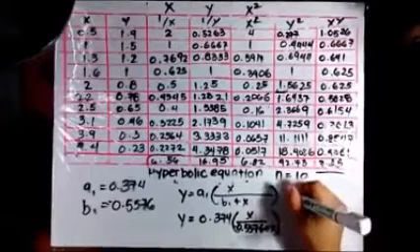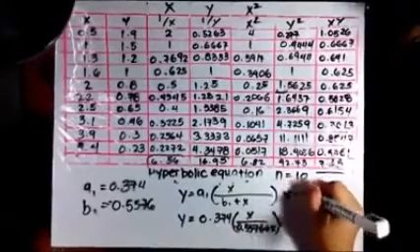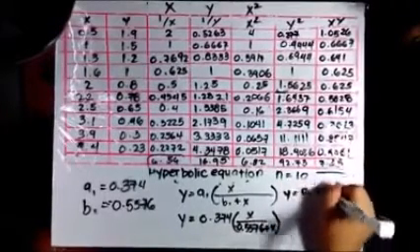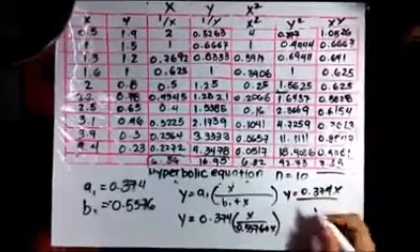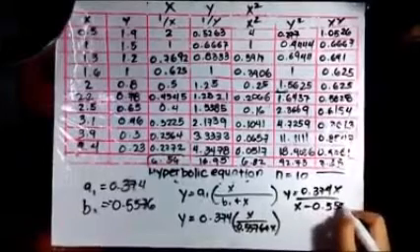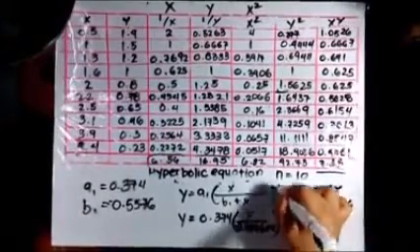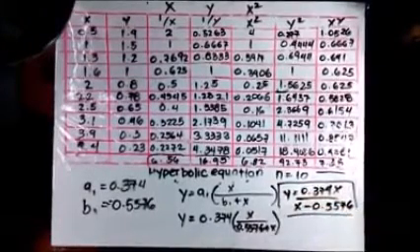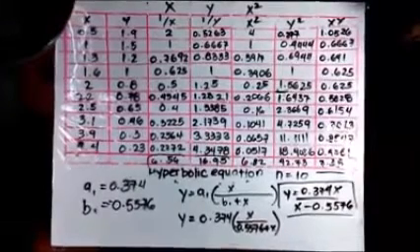Simplifying the formula, we can get y is equal to 0.374x all over x minus 0.5576. That's our hyperbolic equation.